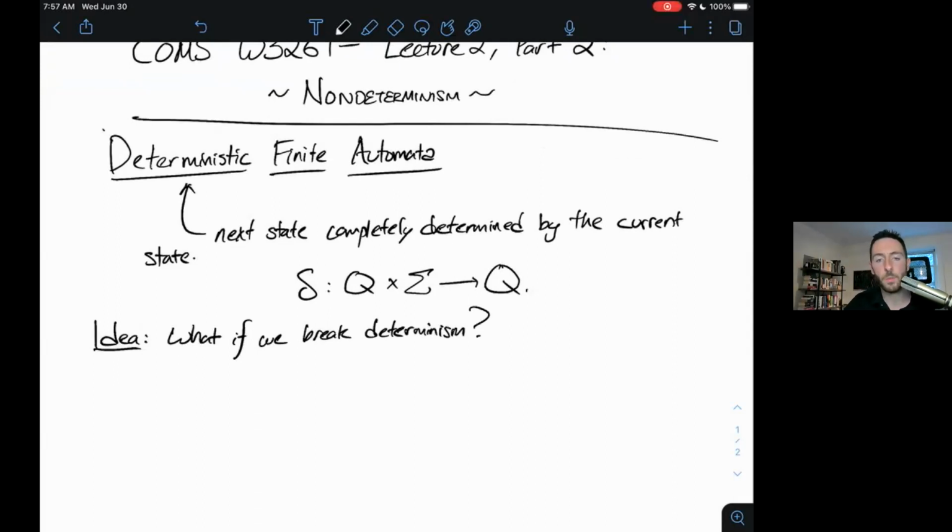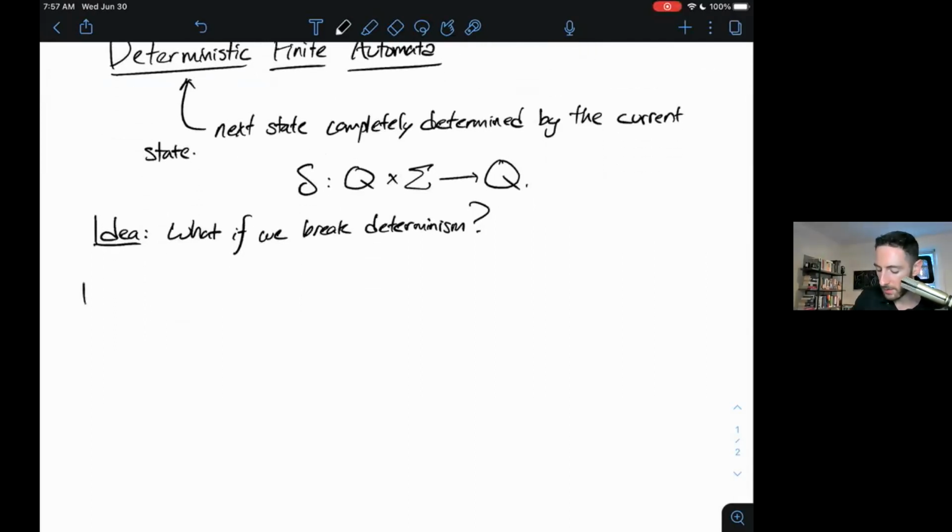And we're going to break it in a couple of ways. I'm going to introduce new rules for what are called non-deterministic finite automata that'll allow them to work in non-deterministic ways. So, new rules.